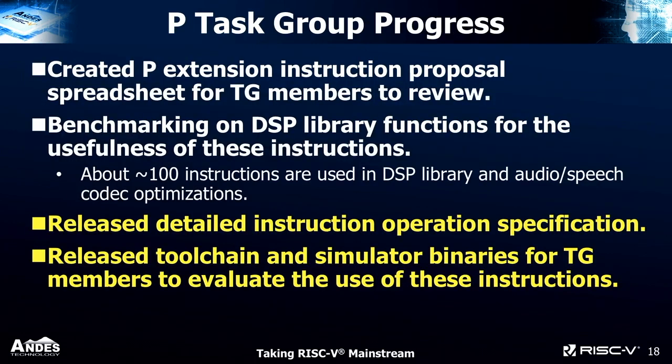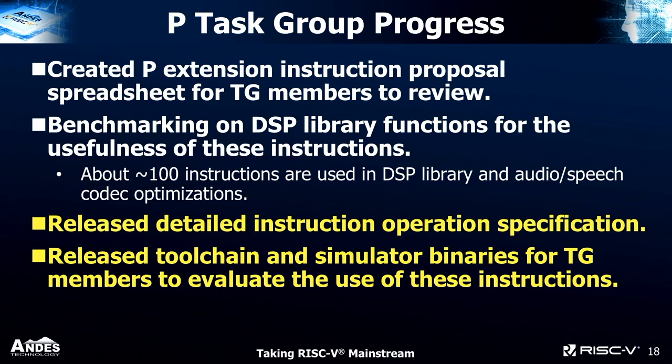Okay, in summary, the current progress of the P extension test group: we have created the instruction proposal spreadsheet for test group members to review and give feedback. We also benchmarked the DSP library functions and several other benchmarks on the usefulness of these instructions, and around 100 P extension DSP instructions have been used in these benchmarks.